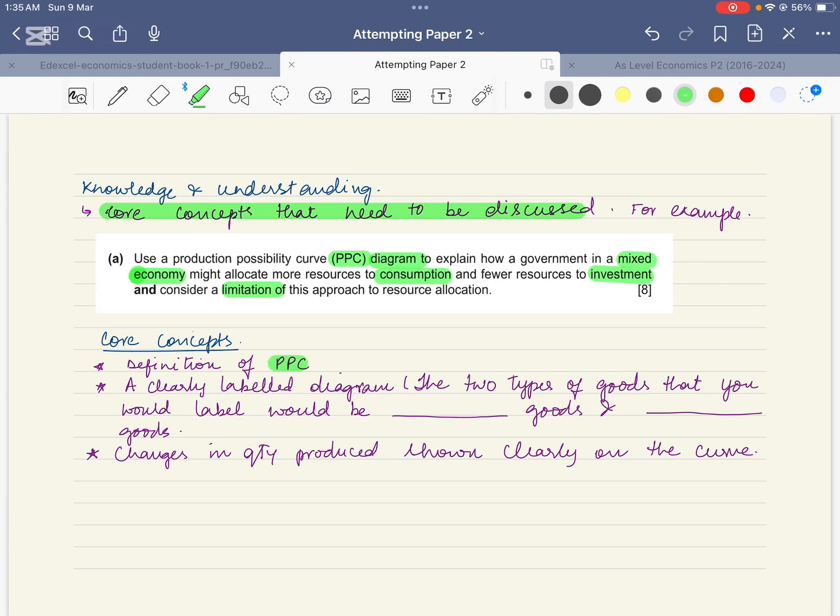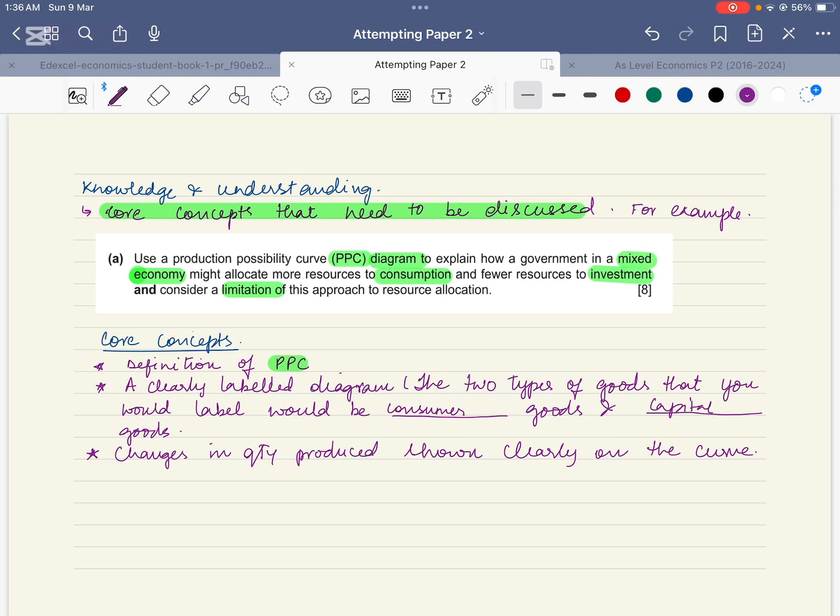First you will give a definition of PPC and you will draw a PPC diagram. You will have to label both the axes of the PPC diagram. So on one axis you will label consumer goods and on the other axis you will label capital goods. Why?